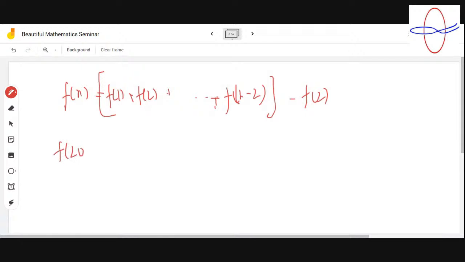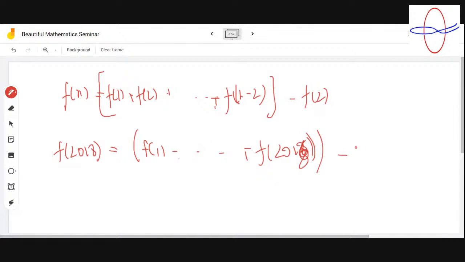So f of 2018 can be written as f1 plus dot dot dot f of 2018 minus f1 plus dot dot dot f of 2017, right?